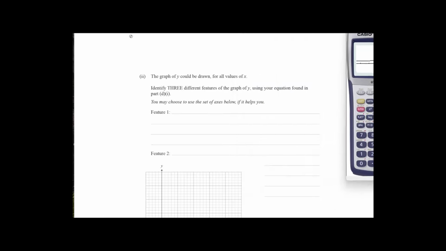So it's going to have that classic exponential bow shape, and it wants three features of that. The first thing we would want to find is the y-intercept, because obviously there is one, and we need to know what it is. So if y equals 3^(x+1) plus 2, how do we find the y-intercept?